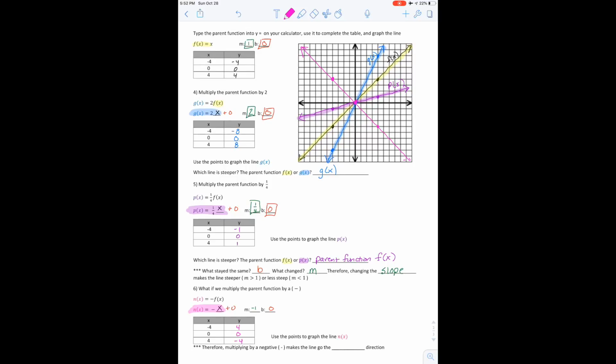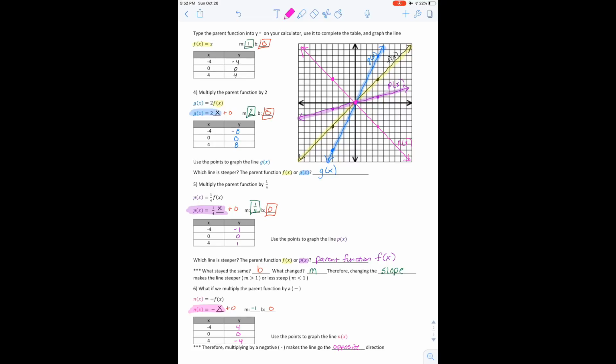All right, there's our line, and this is n of x. All right, so the most obvious change you can tell is when we multiply by a negative, when we put a negative out there in front of the function, what does that make the line do? It goes in a blank direction now. It goes in the opposite direction.